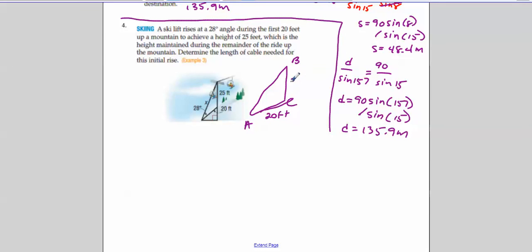And we know this part here is 25 feet, and we know this angle is 28 degrees. So we're trying to find the length of the cable, which will be this part up here, x.